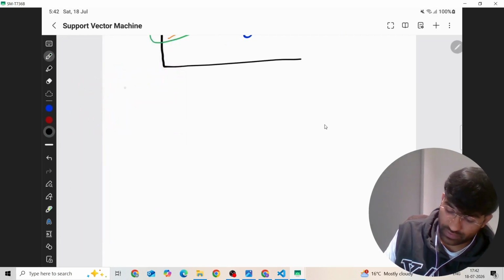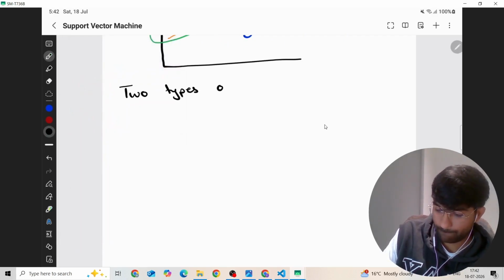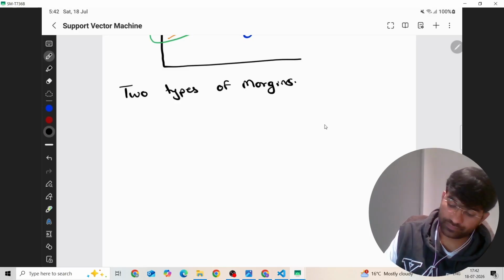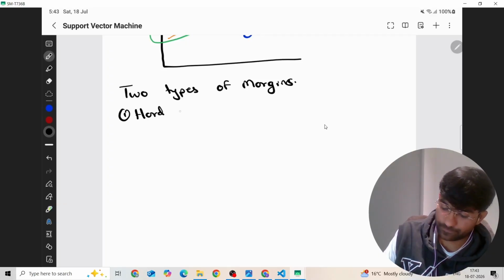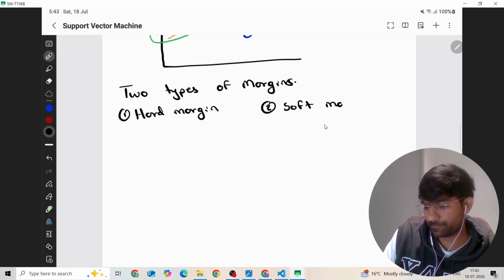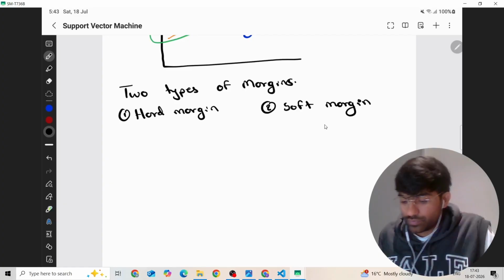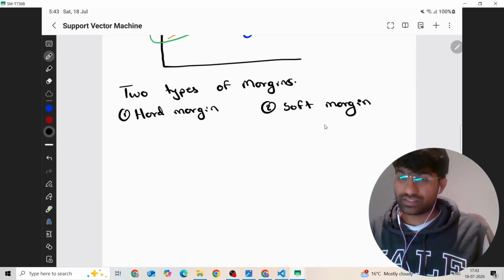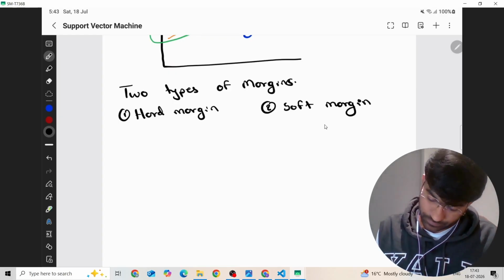There are two types of margins: one is hard margin, and another is soft margin. So what is the difference between the hard margin and soft margin?